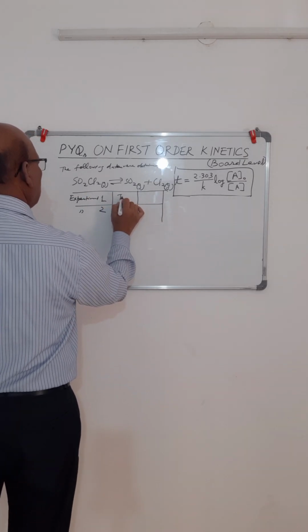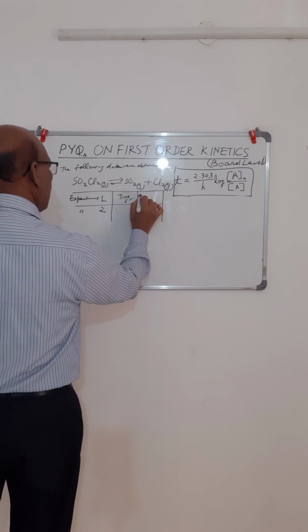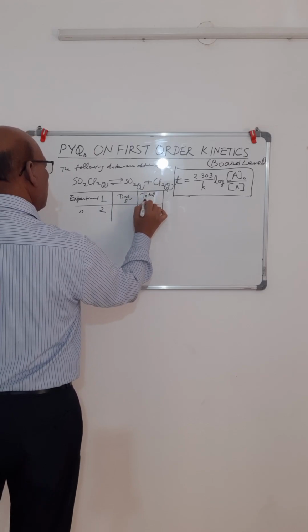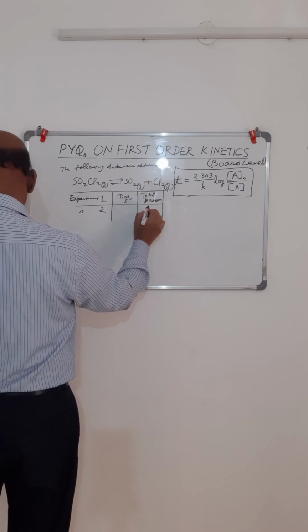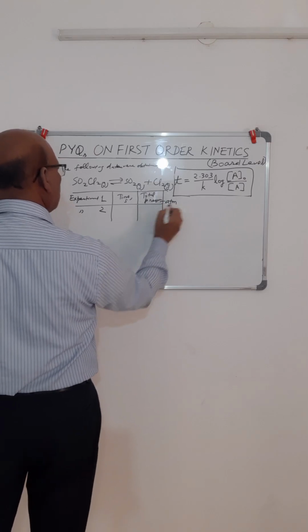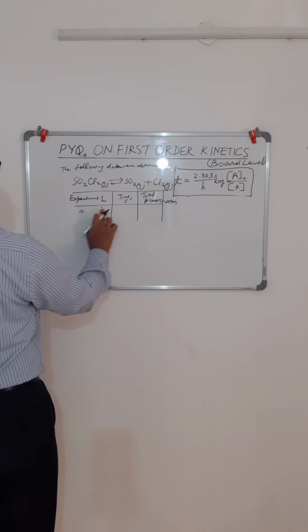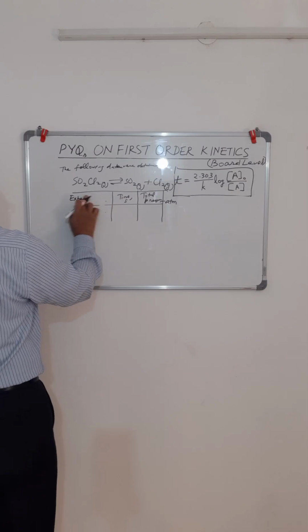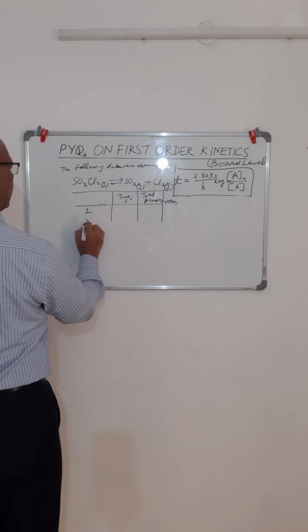This is the time in seconds, and this is the total pressure. The unit of pressure is atmosphere. So these two experiments were done. Here I will write experiment 1. This is experiment 1 and experiment 2.